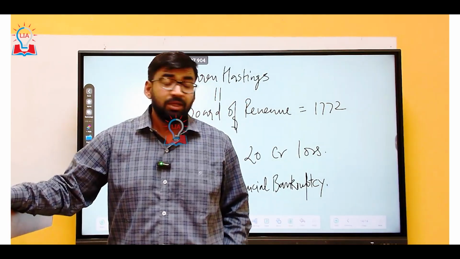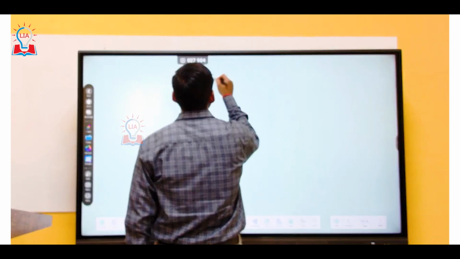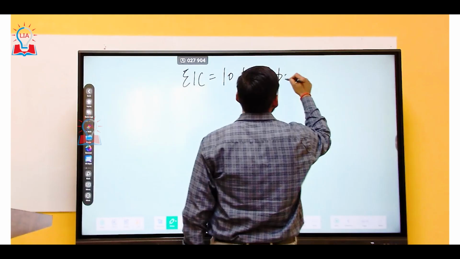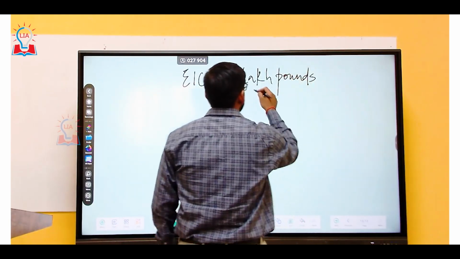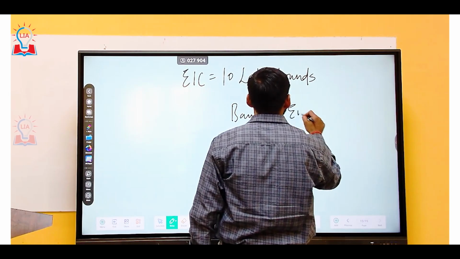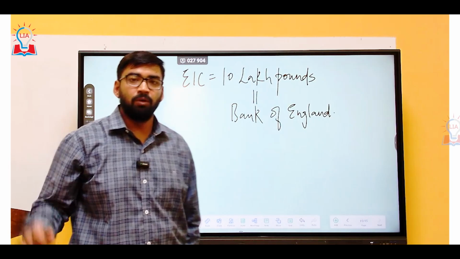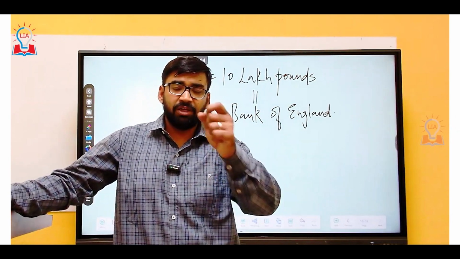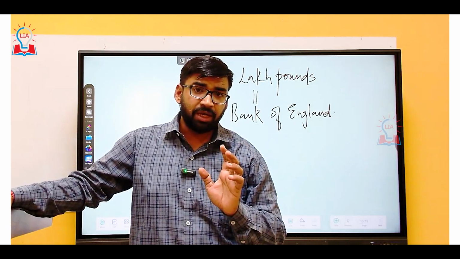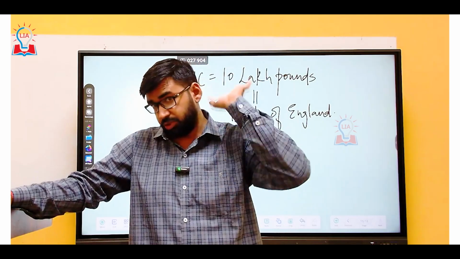Then East India Company asked for 10 lakh pounds from the Bank of England. If someone helps you or gives you money, that person will impose some conditions on you.